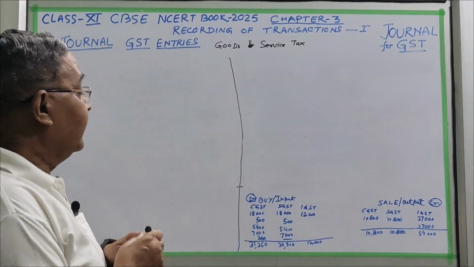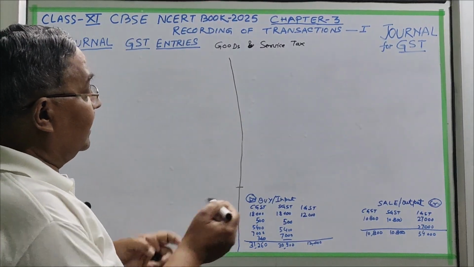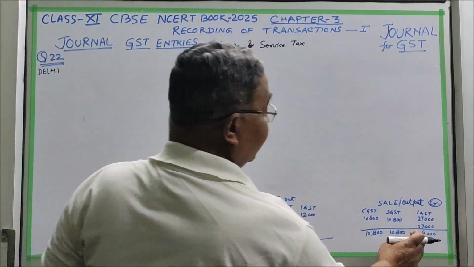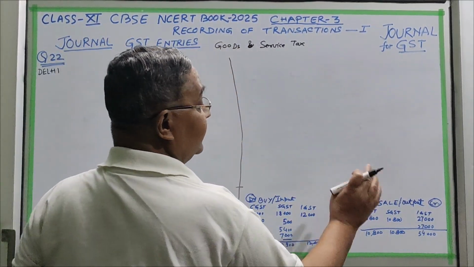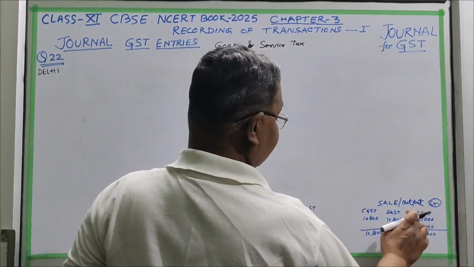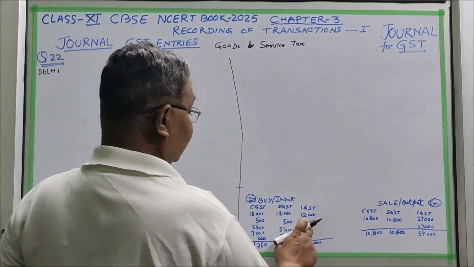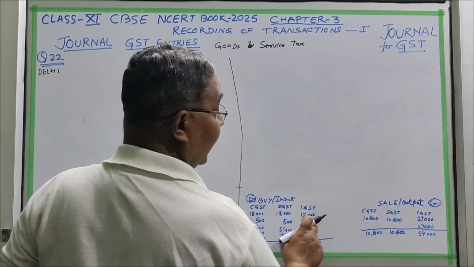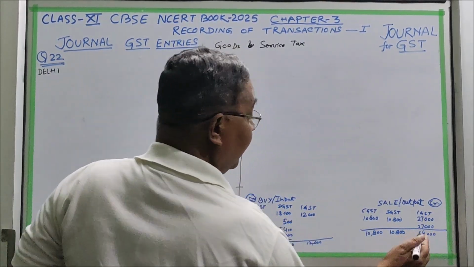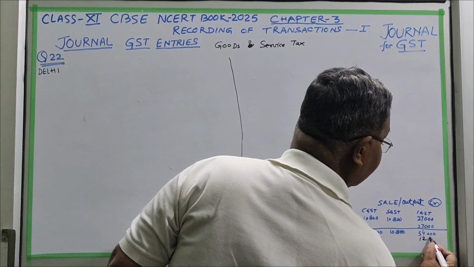Now we are coming to the ruling. The ruling is that IGST will be set off from IGST. This debit we will adjust from here, from 12,000.